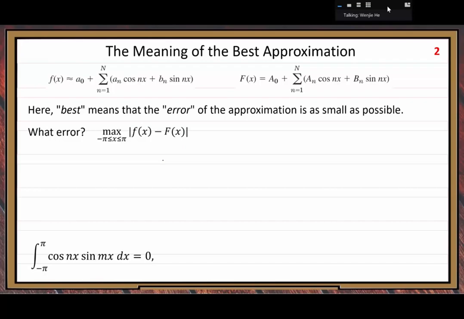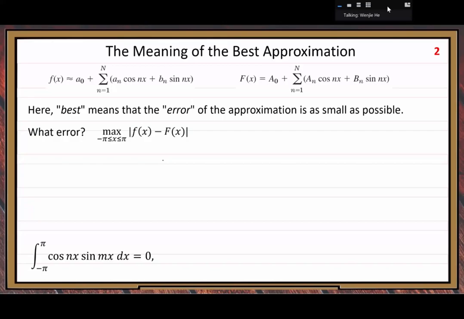The best approximation means this error part. How do we get it? The maximum value of the difference between the original function and any trigonometric function of degree n, that maximum is minimized. That's one way to represent error.